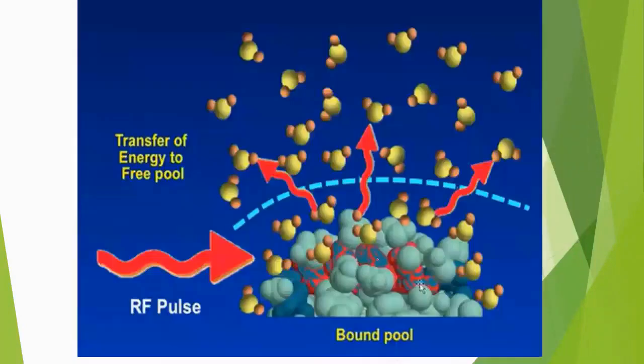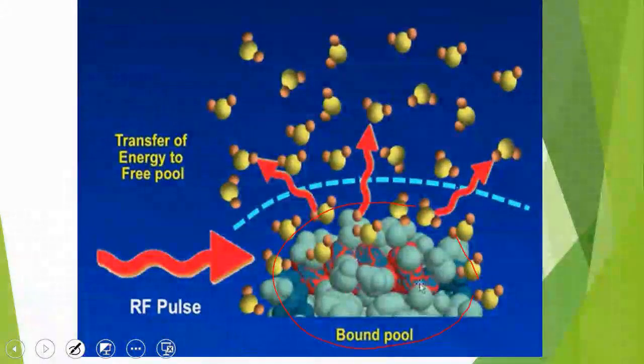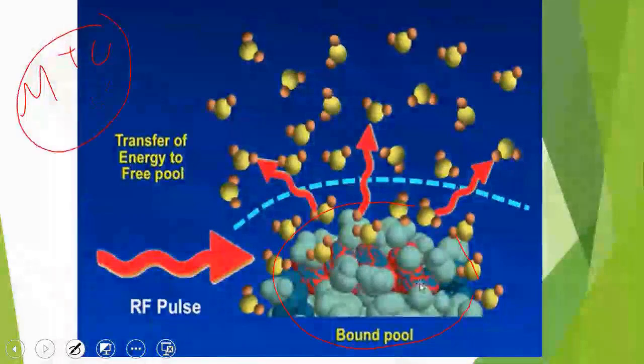What do the macromolecules do? The macromolecules lose their energy to the surrounding water molecules and tissue. This works before your sequence, which I call magnetization transfer contrast.